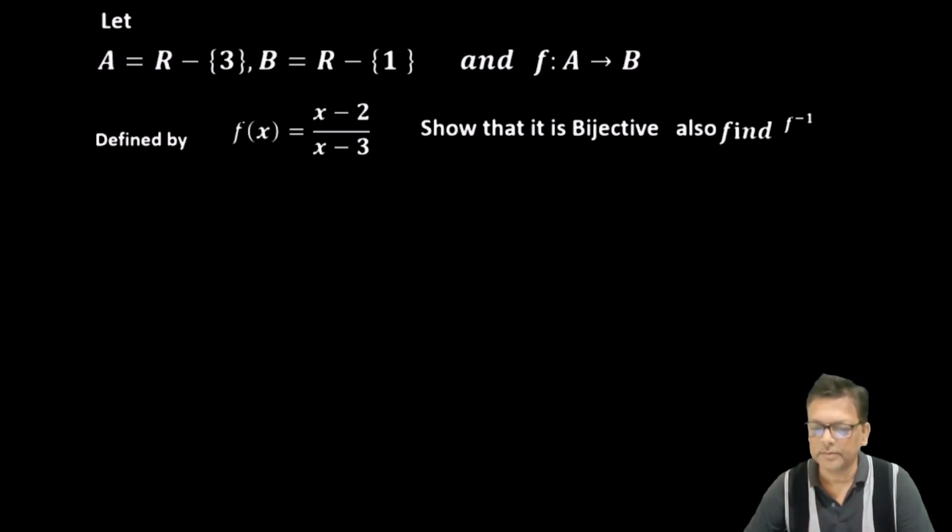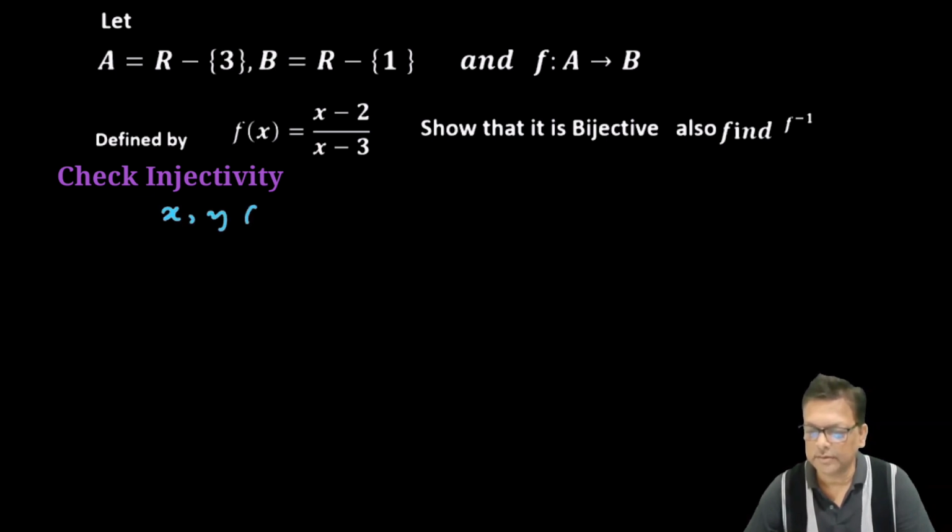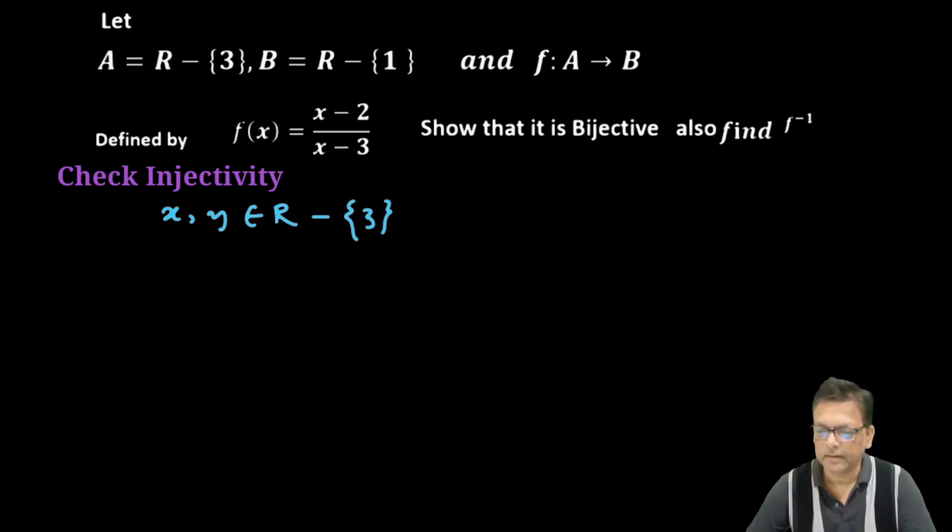So to show that this function is an injective function, we have to take elements x and y which belong to the real numbers except the number 3, which is the condition given here.